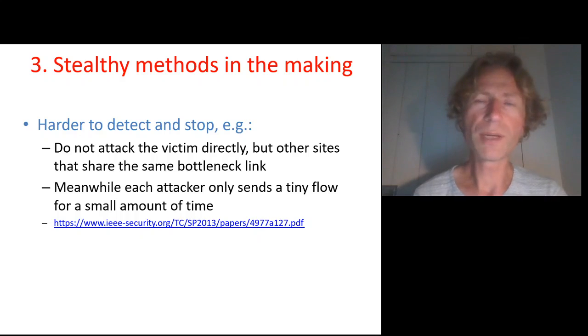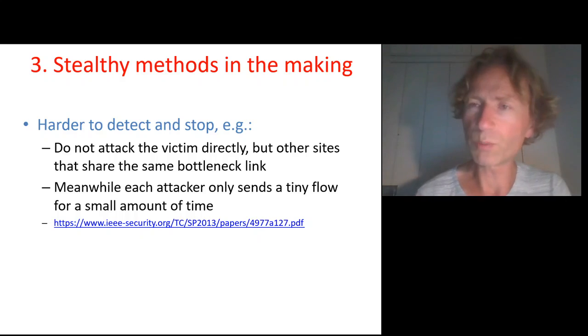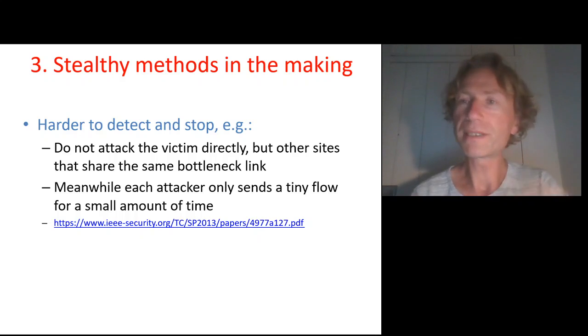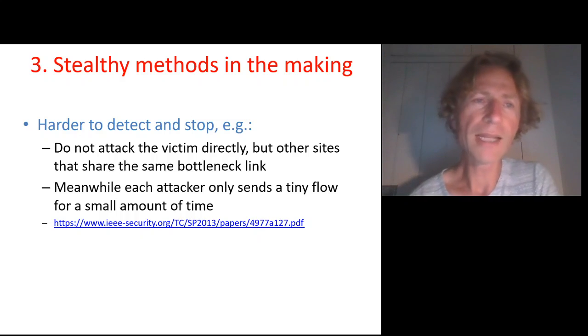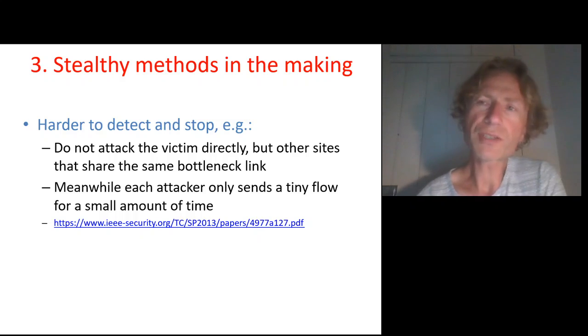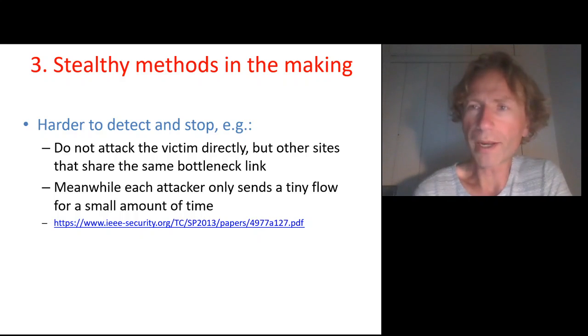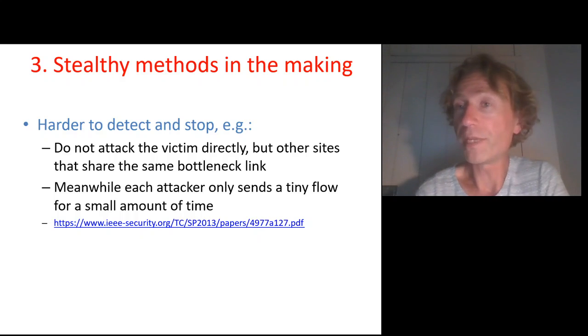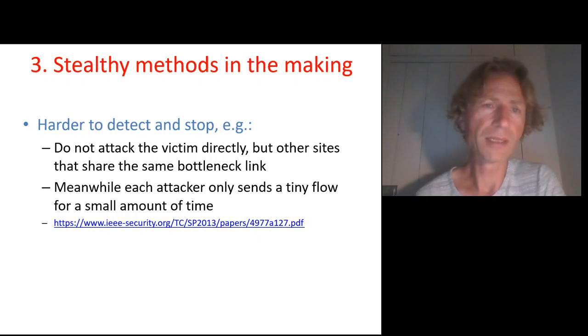What we're going to look at is something that hasn't been seen in the wild, as far as I'm aware, but has been shown in research to be effective. It's an attack where the attacker tries to do a denial of service attack without making anyone aware of the victim being attacked. To do that, you do not attack the victim directly, but rather you attack other sites.